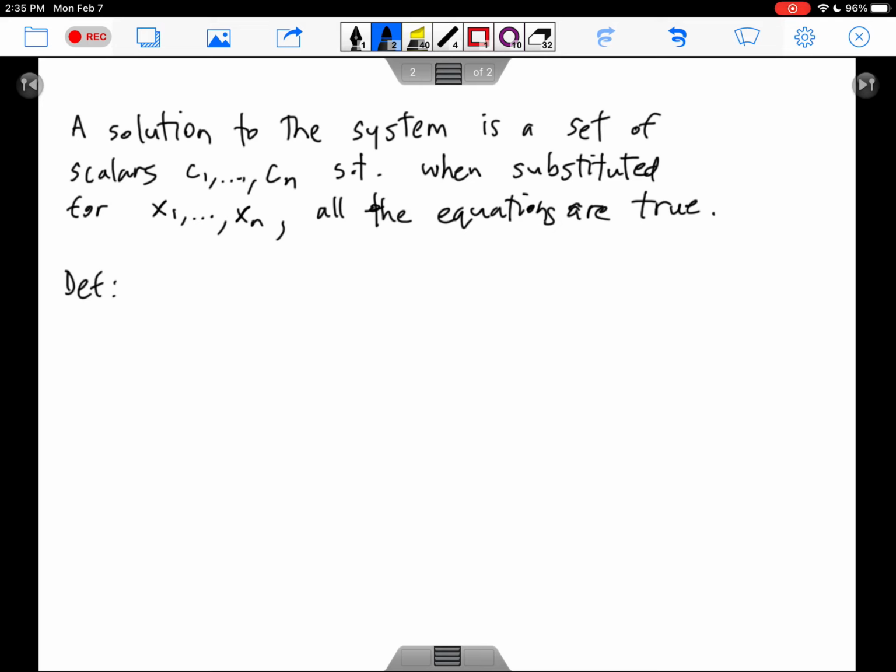So we need a definition now. What does it mean for a system to be homogeneous? An m by n system we call it homogeneous or homogeneous. It just depends on how you want to say it. I'll usually say it homogeneous.